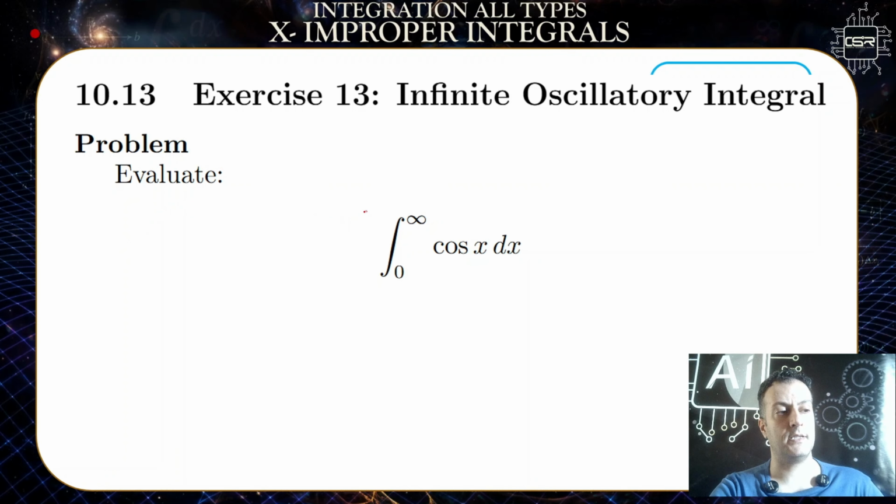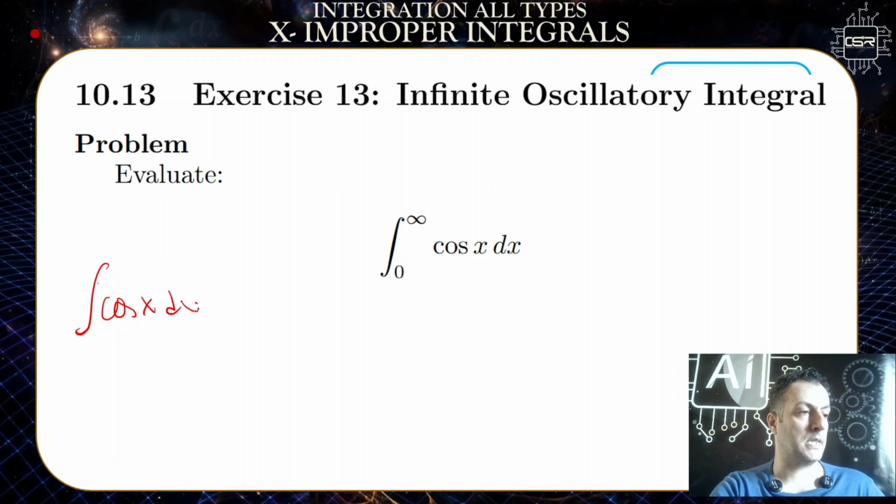Integral from 0 to infinity of cosine x dx. Now, integral cosine x dx without the bounds gives us sine x plus c.